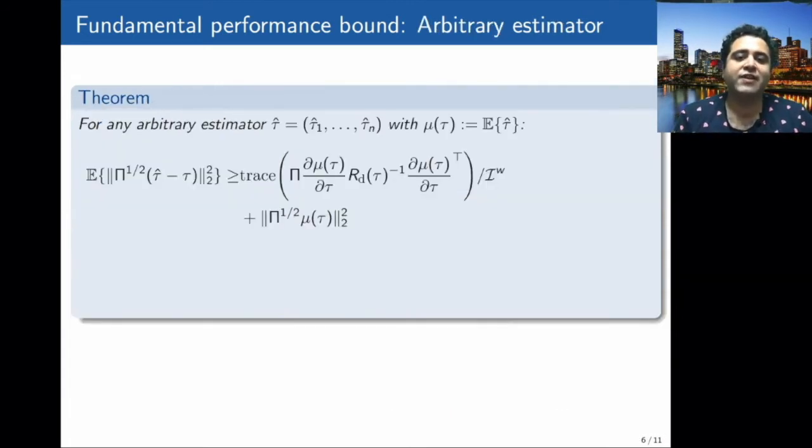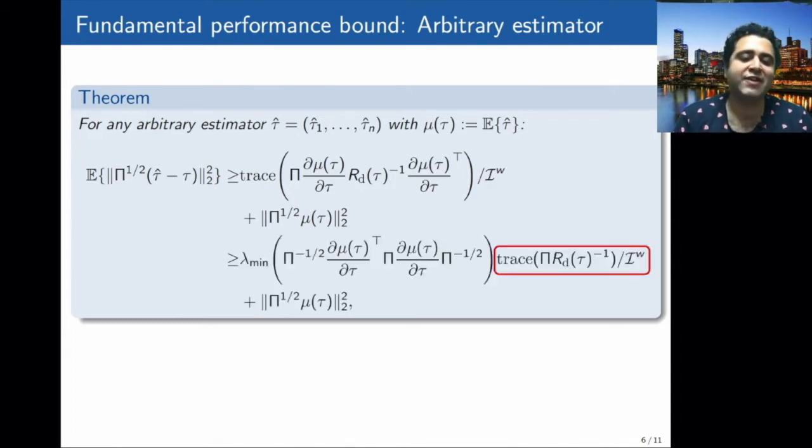If we go for a more general category of estimators, for instance, estimators that can be arbitrary and don't need to be unbiased, then our lower bound becomes a bit more complex. If we further simplify this lower bound, we end up with the same lower bound as before, scaled by an extra term and with an additional term.